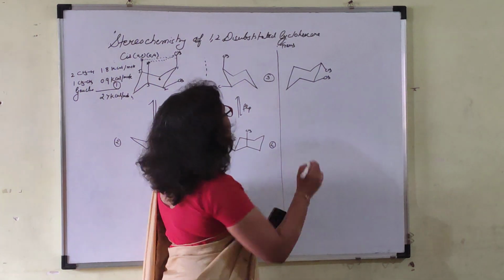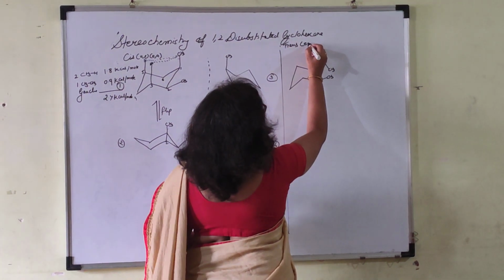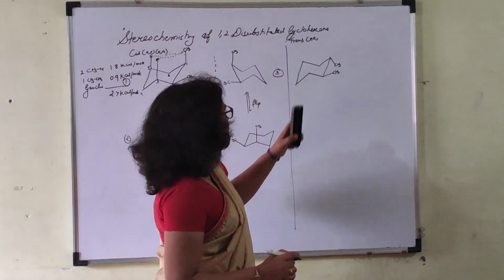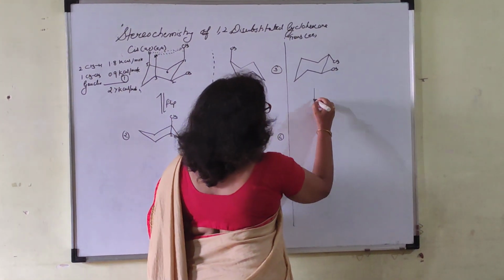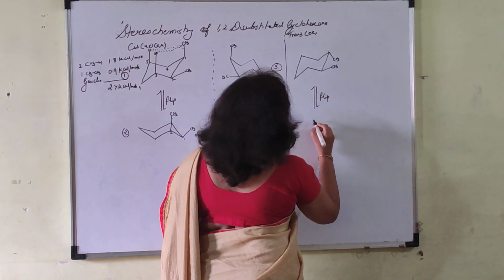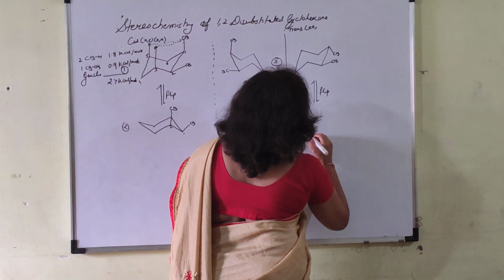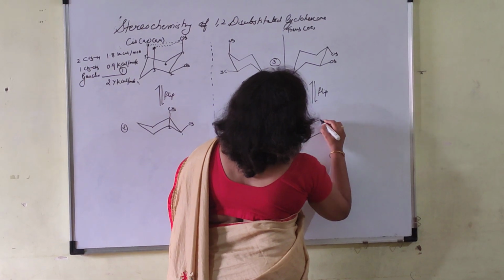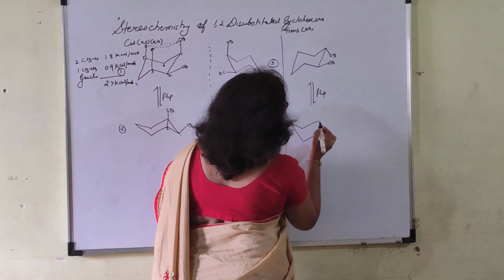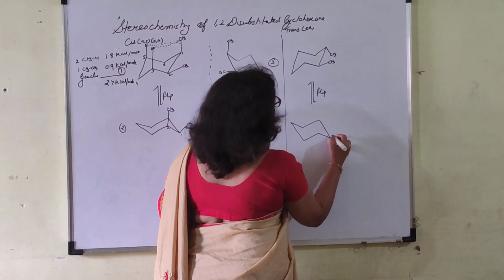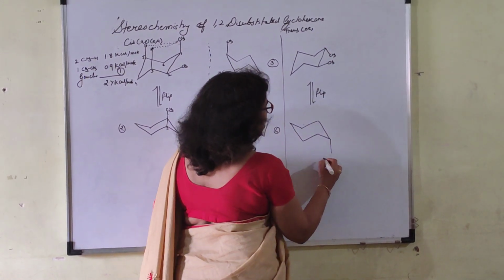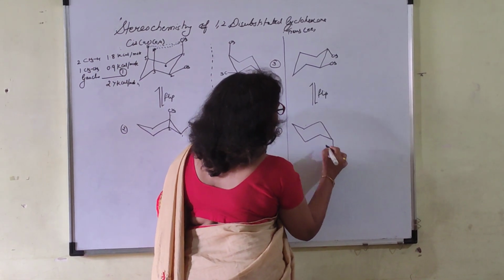So this is your di-equatorial. So trans isomer, the first possibility is di-equatorial. If we flip this conformer, the equatorial CH3 group goes to axial.